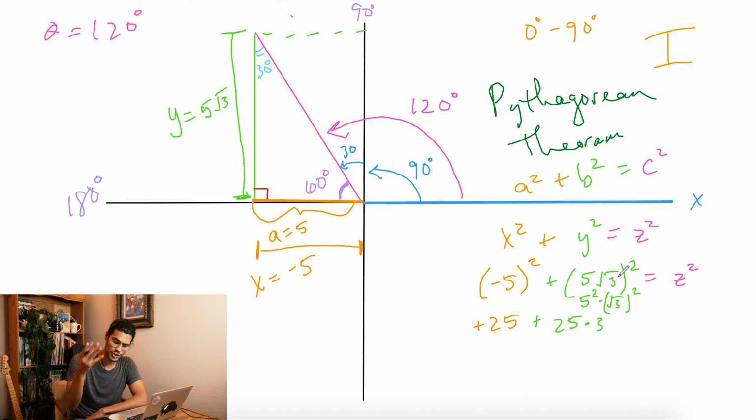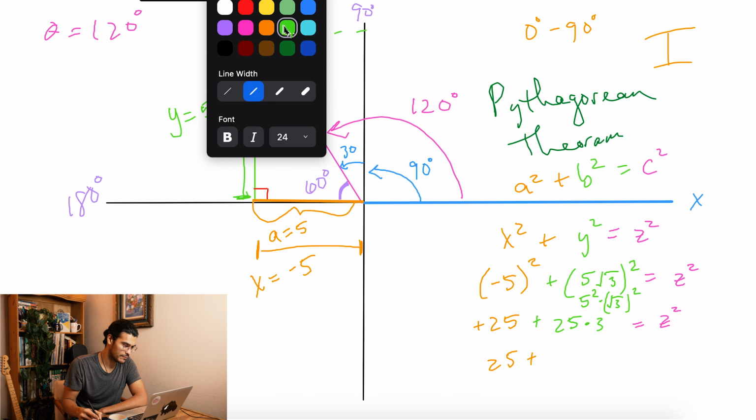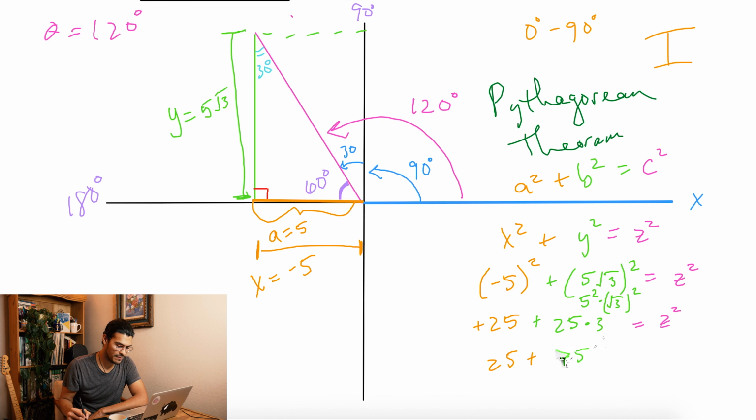Squaring a square root just gives you the thing inside, right? And this has to equal z squared. Okay? We have 25 plus 75 equals z squared. And then we have 100 equals z squared.